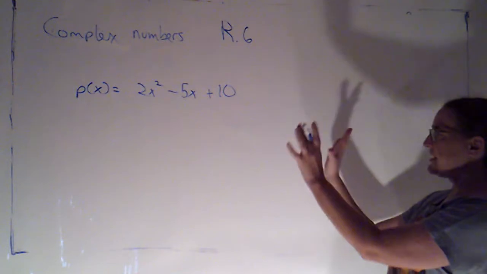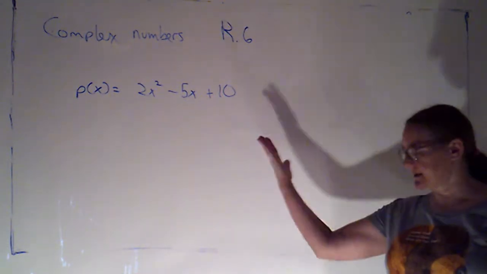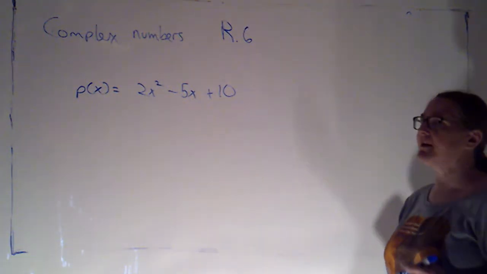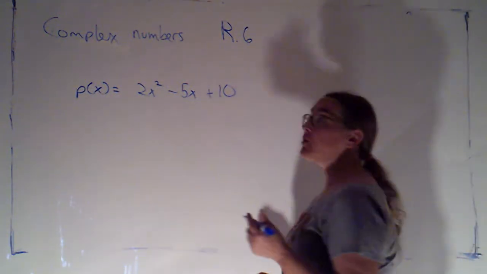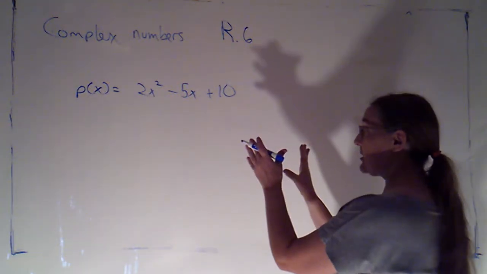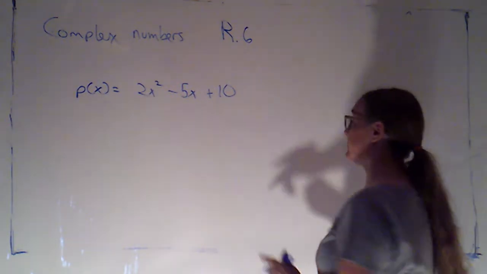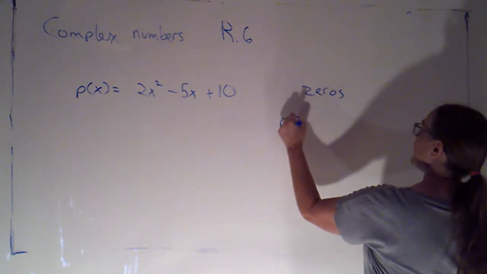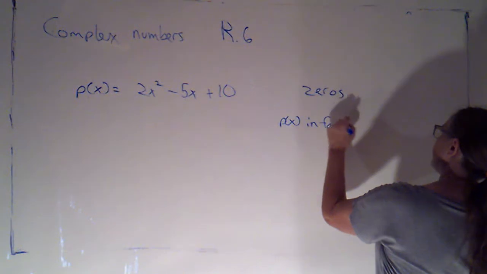I could try to factor it. I will fail. It does not factor, at least not over the integers, not even over the reals. So I would use the quadratic formula if I wanted to try to find the zeros and then be able to factor it. So I'm going to do two things. I'm going to write the zeros, and then I'm going to write P of x in factored form.